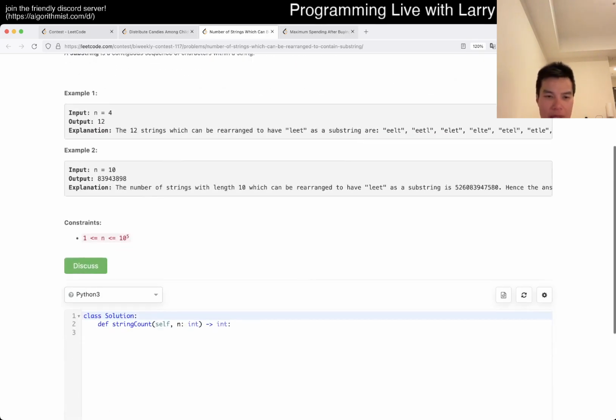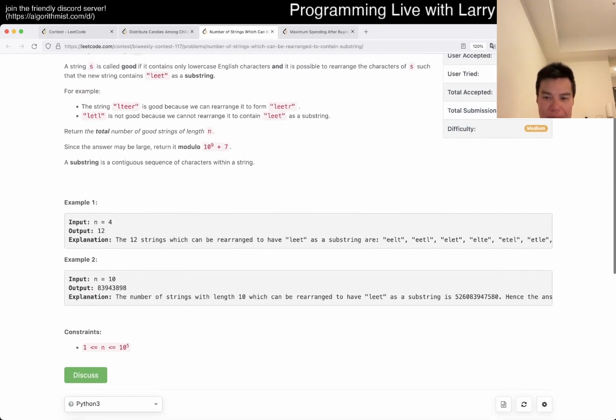Okay, mod. So it's just any strings that have one L, two E's, and a T, right?